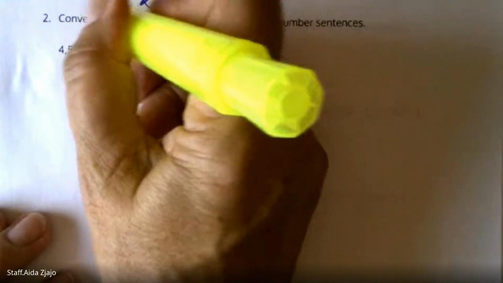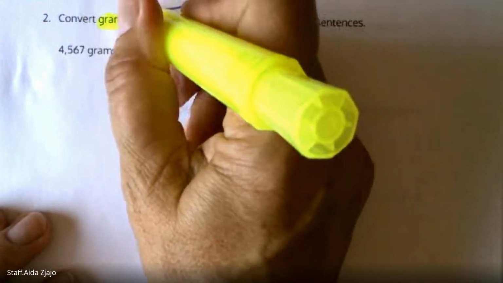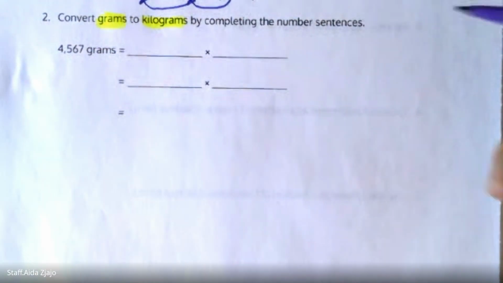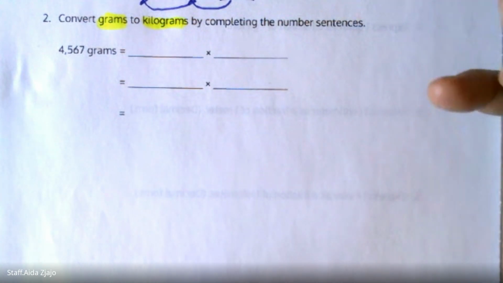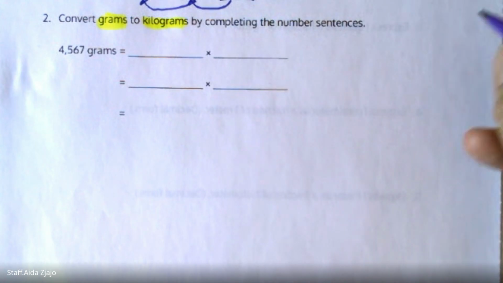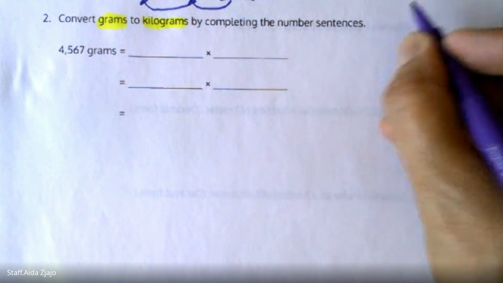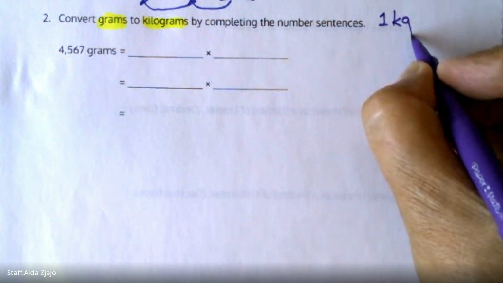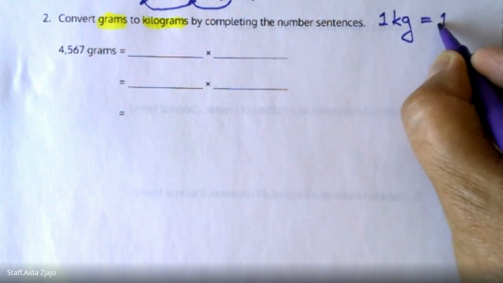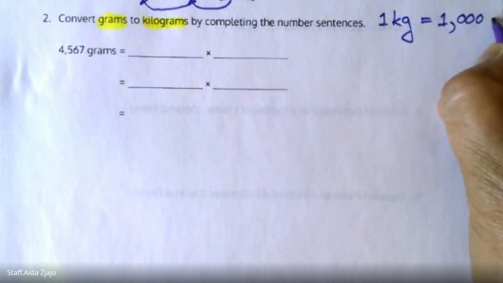Convert grams to kilograms. So a gram is about like the weight of a little paper clip, and a kilogram is like a kilo of flour, or 1,000 grams are in a kilogram. So if you look at this, you can say 1 kilogram equals 1,000 grams.